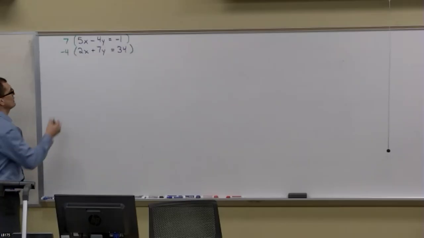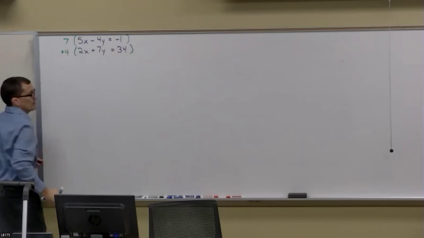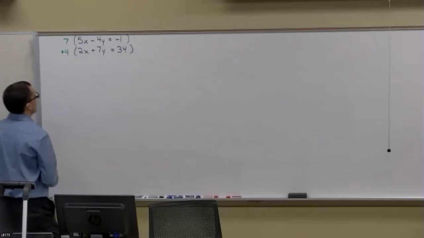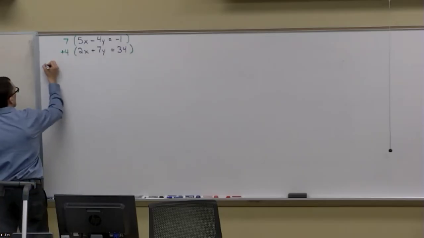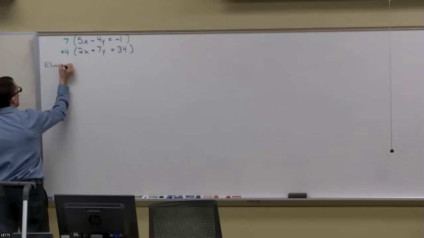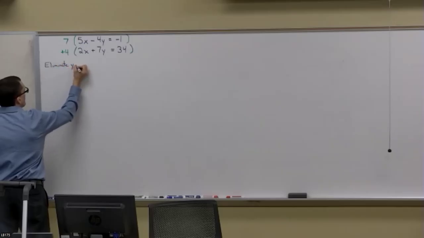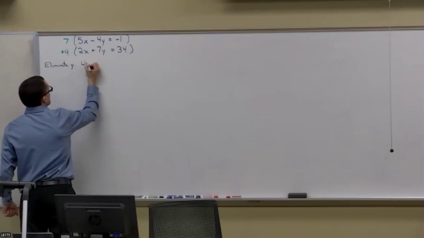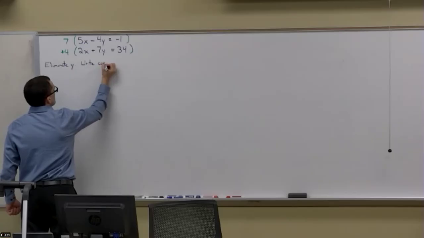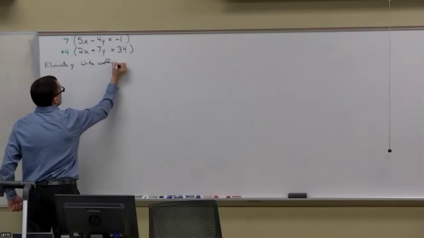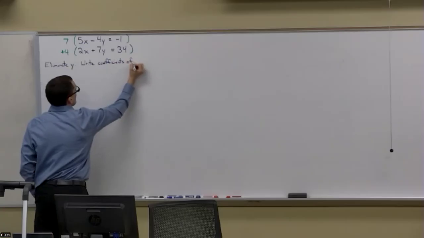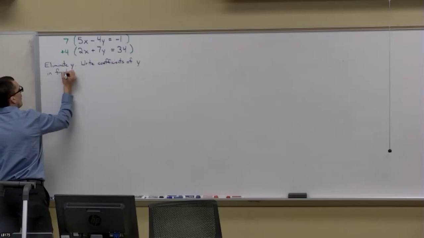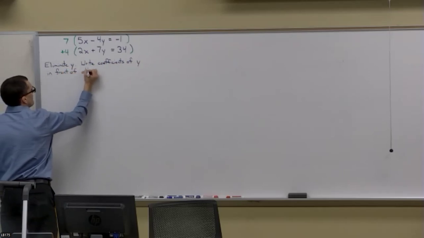And then I change the sign on one of those. So I'm going to eliminate y. In order to force opposite coefficients, I write the coefficients of y in front of the other equation.